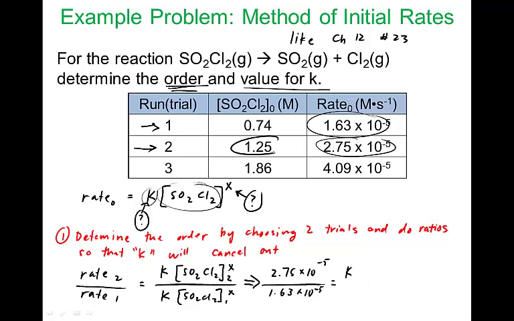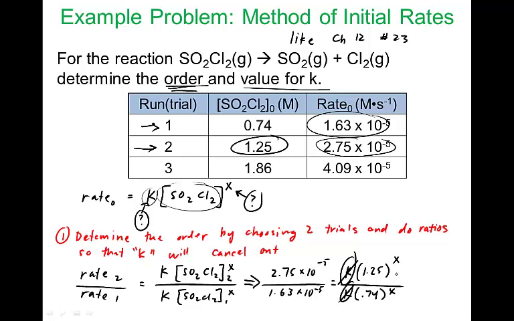So I need to plug in this number, 1.25 to the x power over 0.74 to the x power. Okay, you'll see that when we do it like this, the k cancels, and then you have only one variable to solve for, which is x.